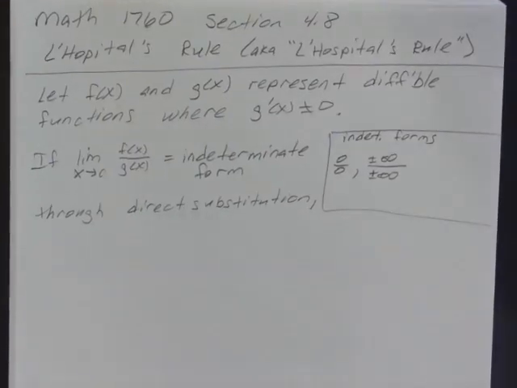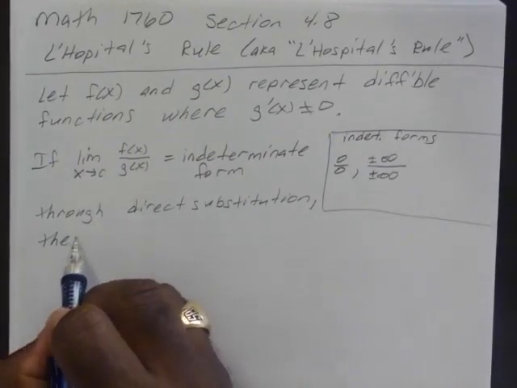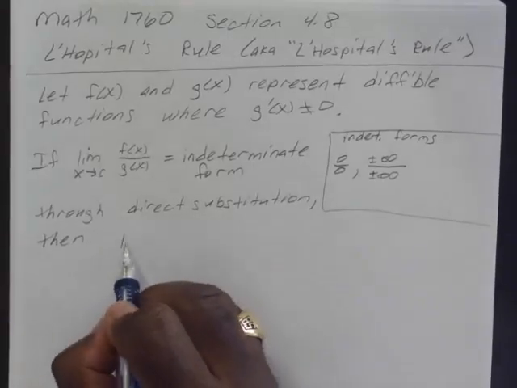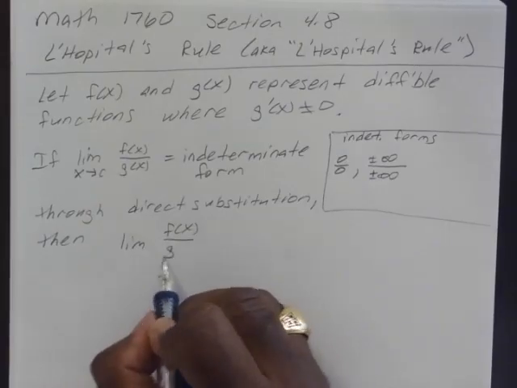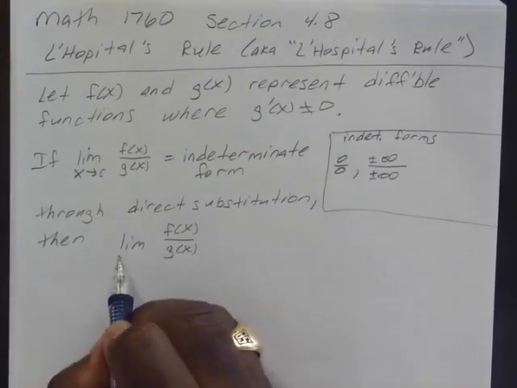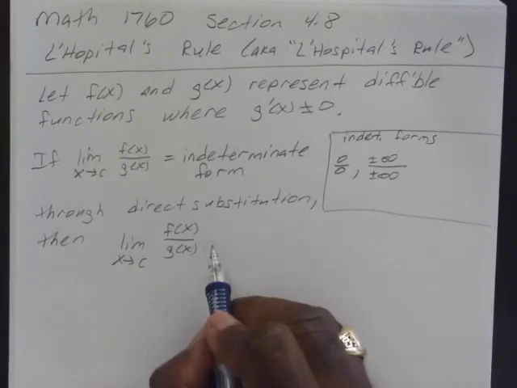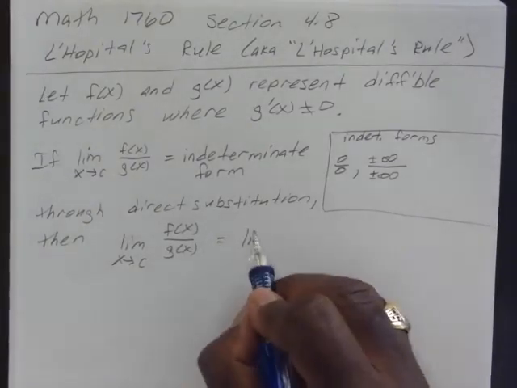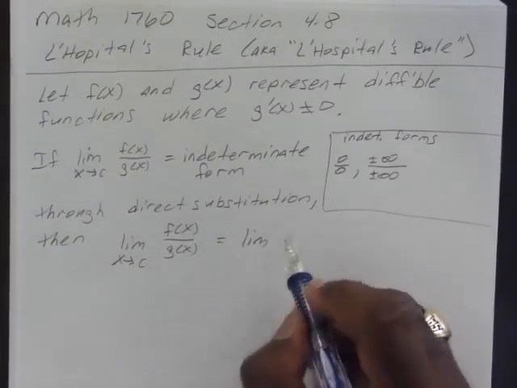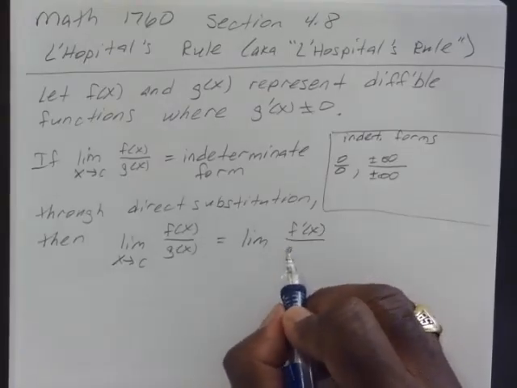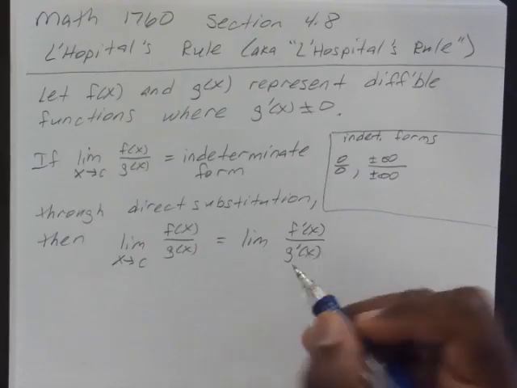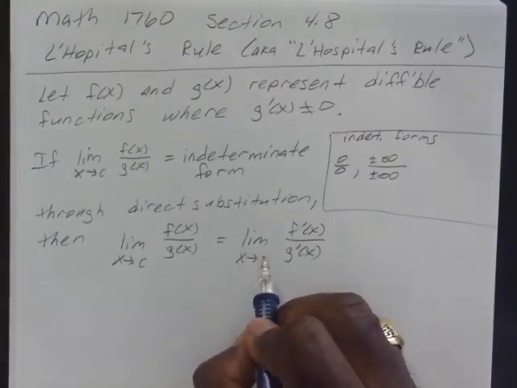Okay. Now, if that's the case, then we know that the limit of f of x divided by g of x as x approaches c is equal to the limit of the derivative of f of x divided by the derivative of g of x as x approaches c.